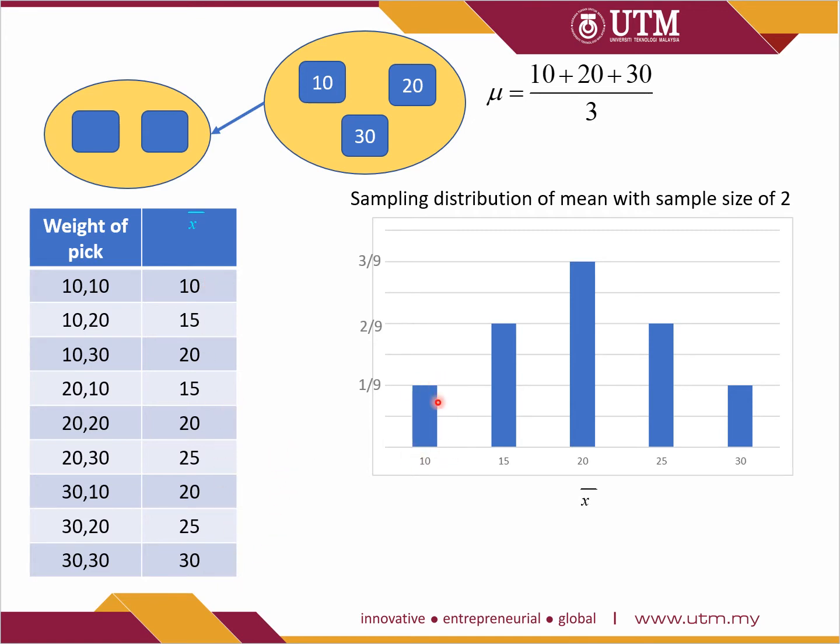So it will be 1 over 9. Meanwhile, for 15 kilos, it will be 2 outcomes out of 9. Okay, and for 20, we have 3 over 9. 25 would be 2 out of 9. And the last one is 30 kilos, which is 1 over 9. So from here, this is what we call the sampling distribution of mean, given that the sample size is 2.